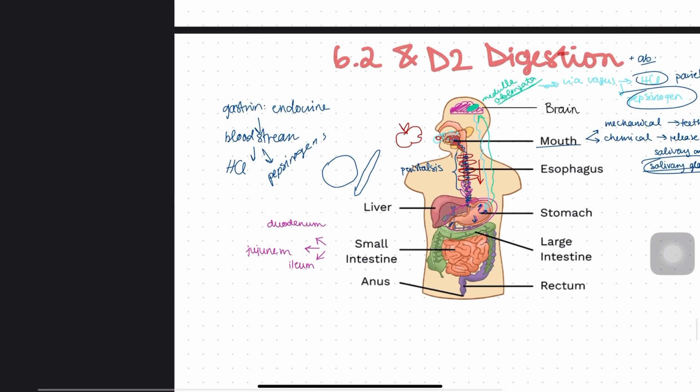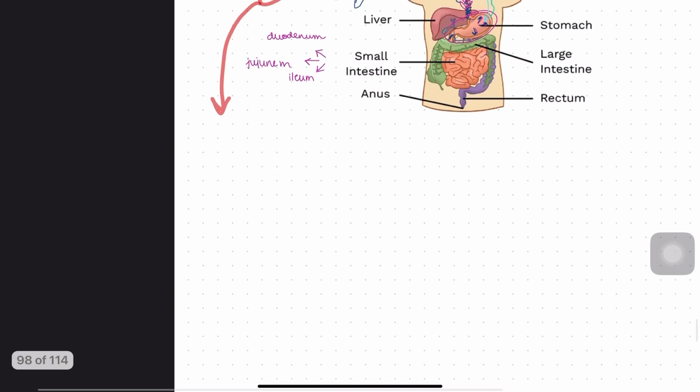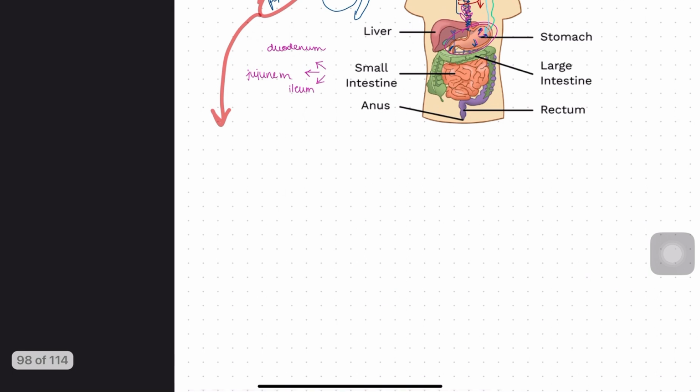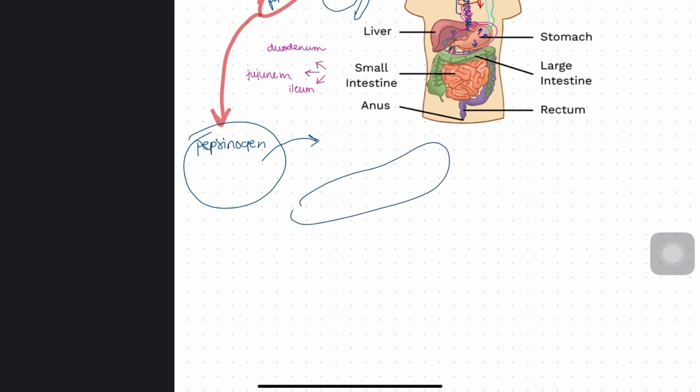And let's just focus on pepsinogens for a second. Let's zoom in on them. So pepsinogens are enzymes. And what happens is that the pepsinogen is going to be stored in a cell, right? And then once it gets secreted by the cell, it's going to fall into the stomach. And the stomach is a place where it's really acidic.